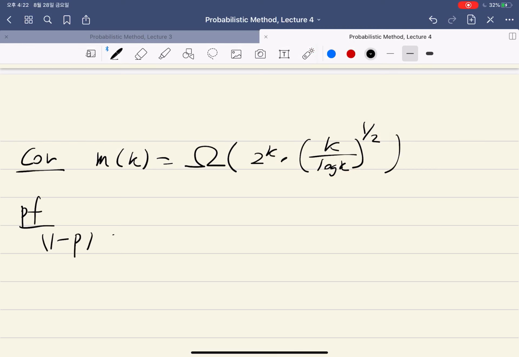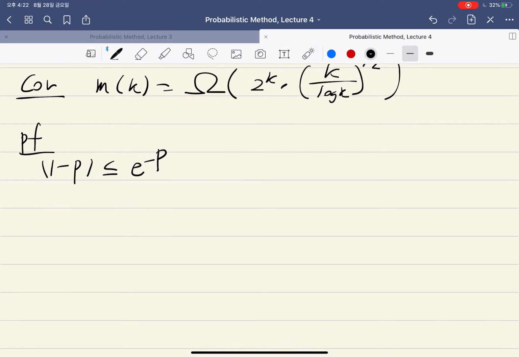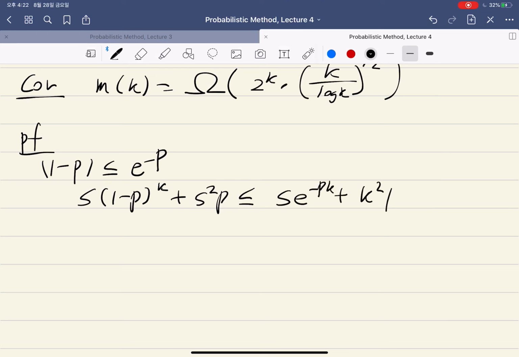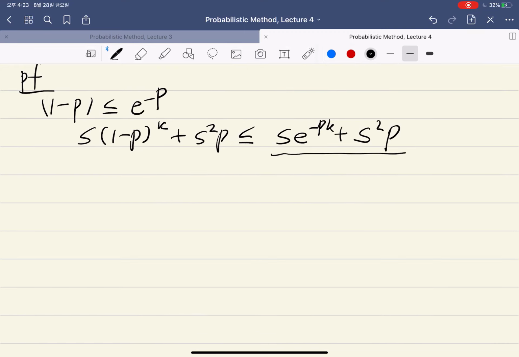So again, we use this. So then we get this. Sorry, s. So we want to minimize this, because we want to make sure that this is small.